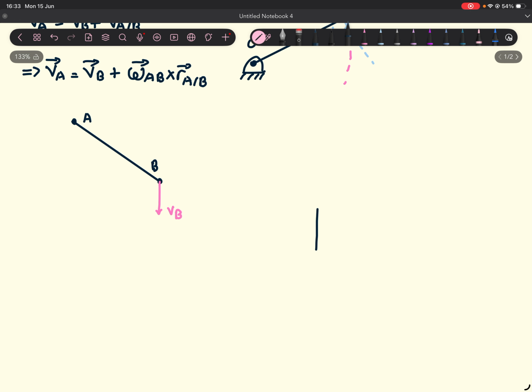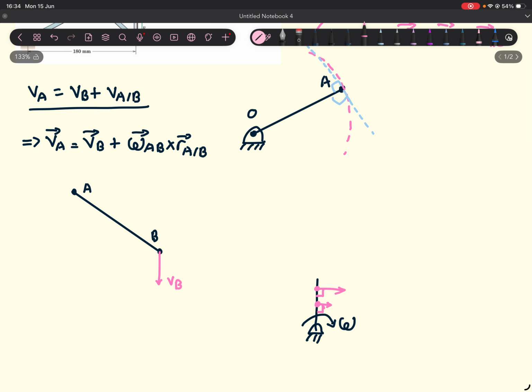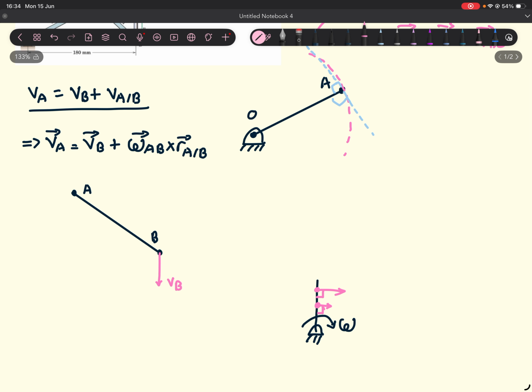So whenever you have fixed axis rotation like this, right? Let's say you have something like that. The velocity of any point here, so could be that point, could be that point, all of these points will have a velocity that acts perpendicular to the position vector. The only thing that will change is their magnitude.